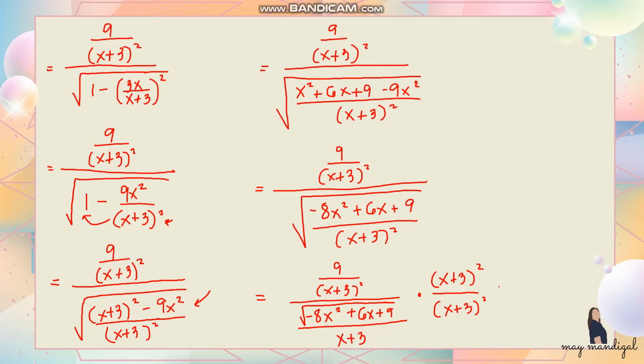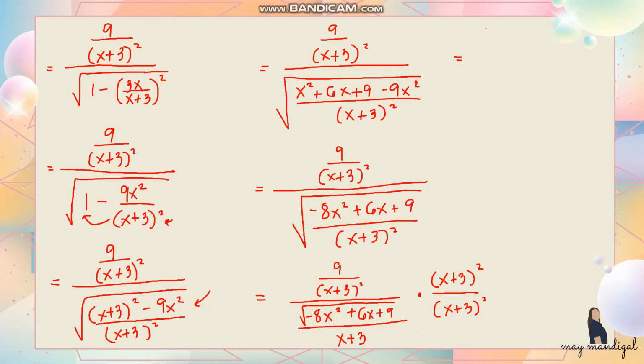Because if we just multiply it by x plus 3 on the numerator, we will still have a denominator since the denominator here is squared. So that's why we will consider the highest denominator that we have, and that is x plus 3 squared. So you multiply it to both.